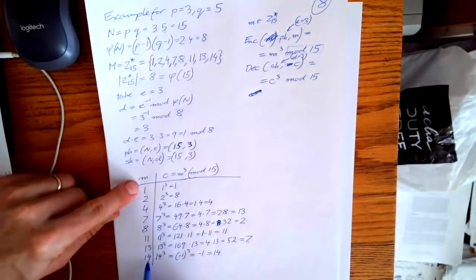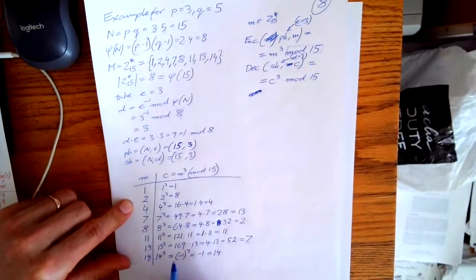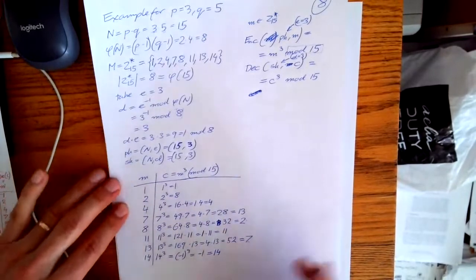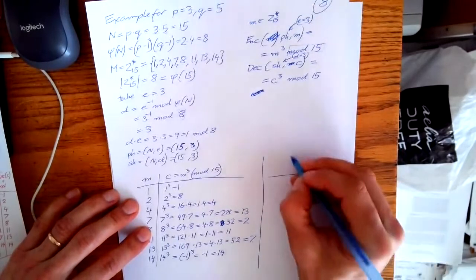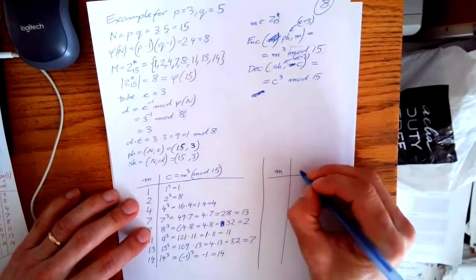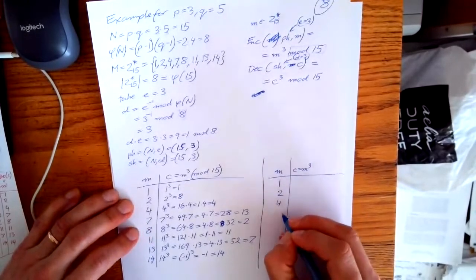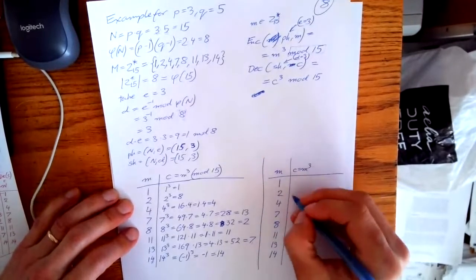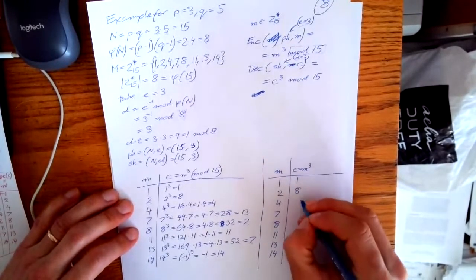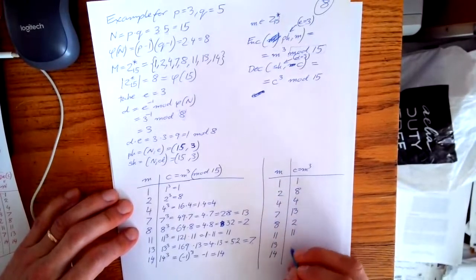It's not a coincidence, because this one is a minus of this one, so if you cube them, the same correspondence will hold. So what did we get? M and C, which was M cubed. The table was 1, 2, 4, 7, 8, 11, 13, 14. These cubes are 1, 8, 4, 13, 2, 11, 7, 14.